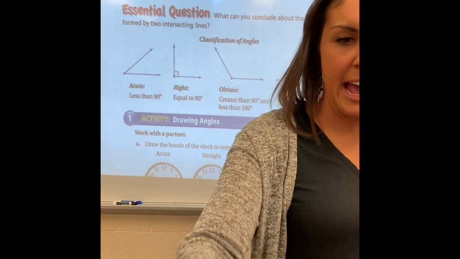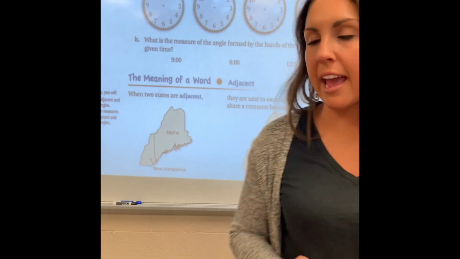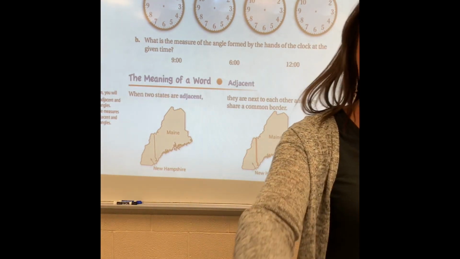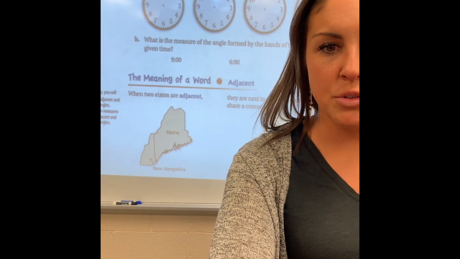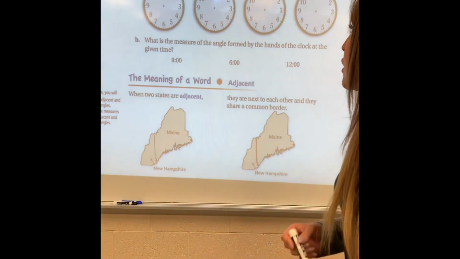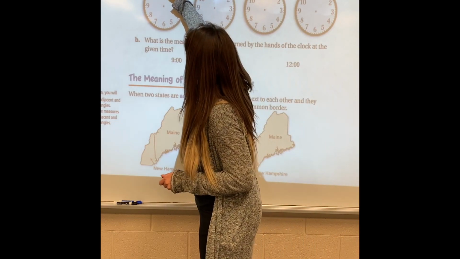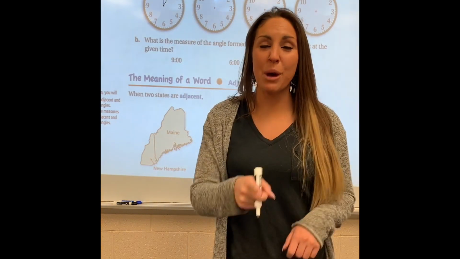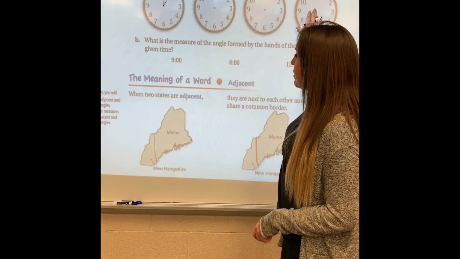If you look at activity 1, I would like for you to do activity 1, 2, and 3 today. Activity 1 is asking you to draw the hands of the clock to represent the given type of angle. So if I were to draw an acute angle, I might say 1 o'clock is an acute angle. You can't use that one, you have to use a different one. But then you can go through and do those for all of those.